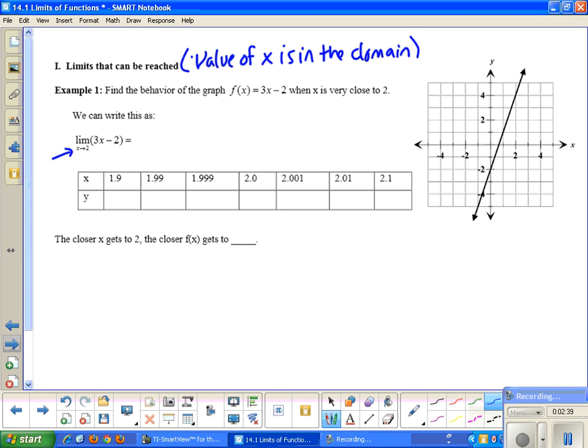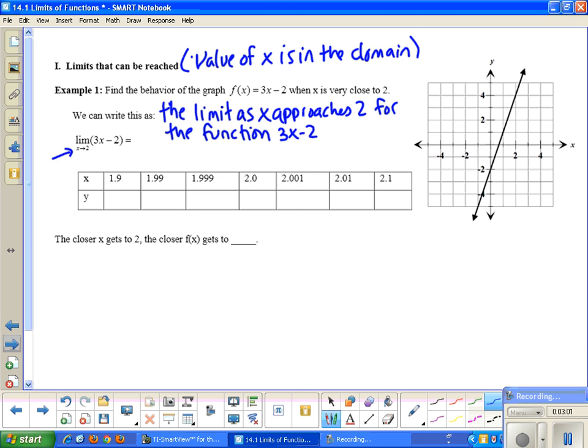I'm going to write that in words. The limit as x approaches 2 for the function 3x minus 2. So that's what we were doing.